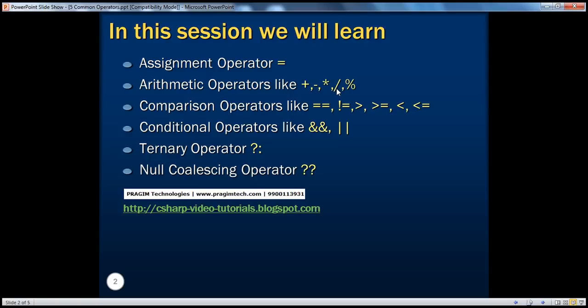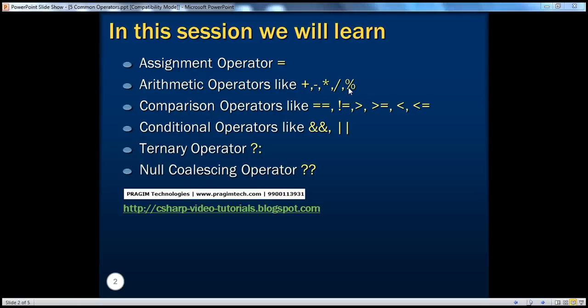One is the quotient and the other one is the remainder. So if I divide number 10 by 2, I get the quotient as 5 and the remainder as 0. Depending on which operator you use, if you use forward slash, you get the quotient, which is 5 in our example. If you use percentage, you get the remainder, which is 0 in our case.